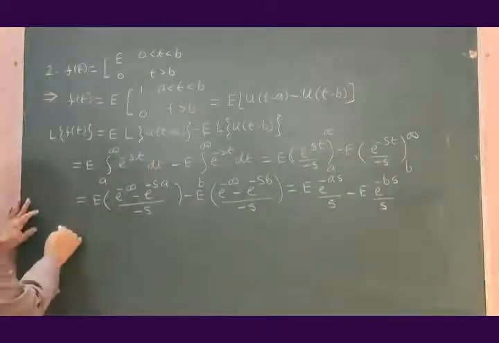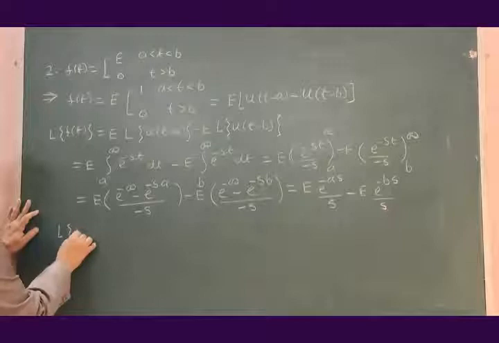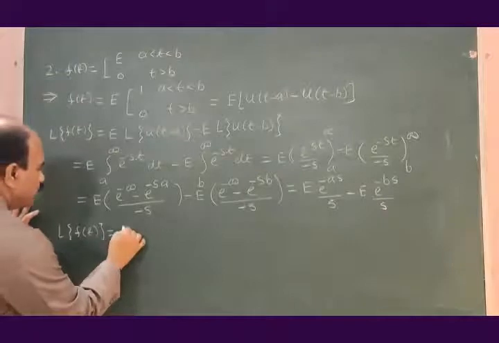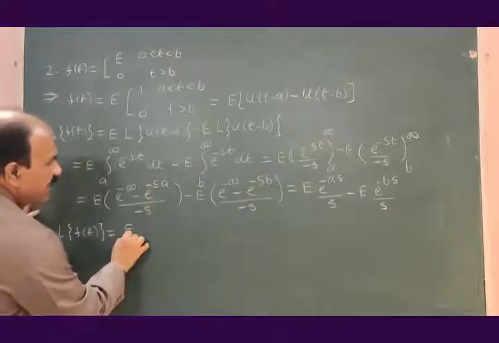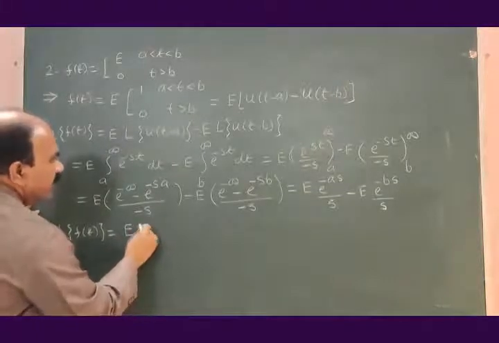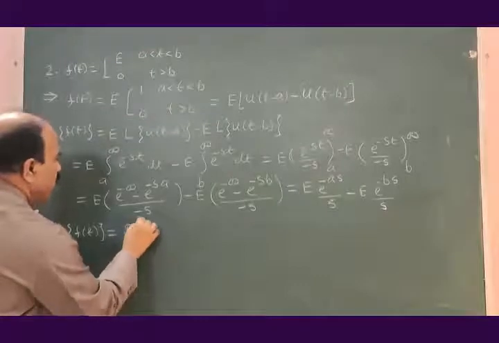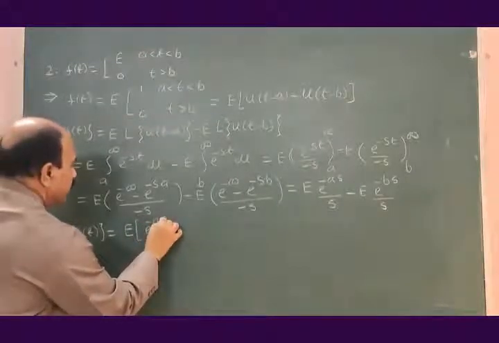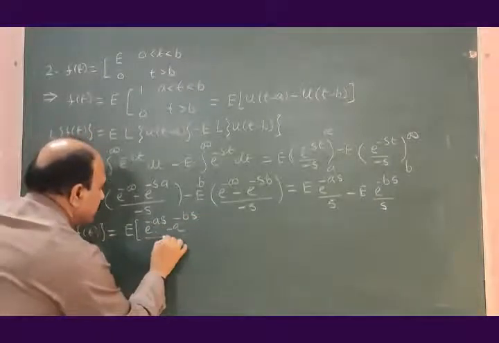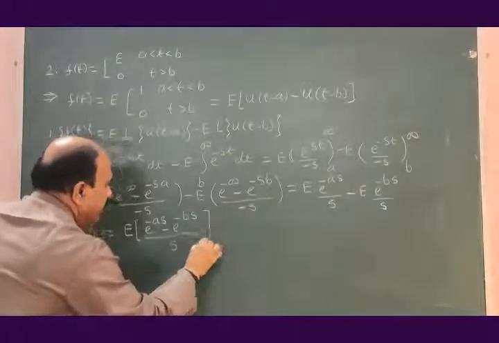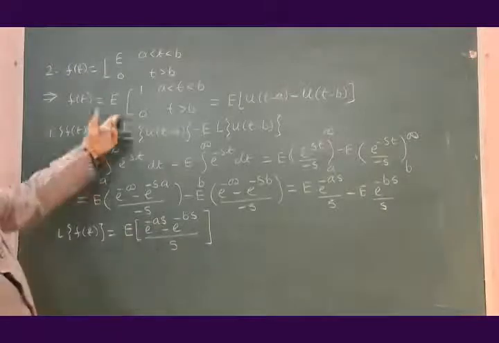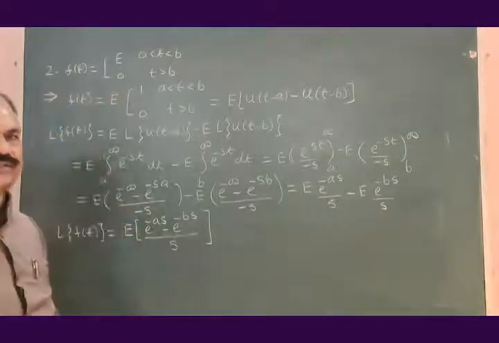The denominator is same and therefore the Laplace transform of f of t is equal to e into e to the power minus as minus e to the power minus bs, whole divided by s. This is the Laplace transform of this function.